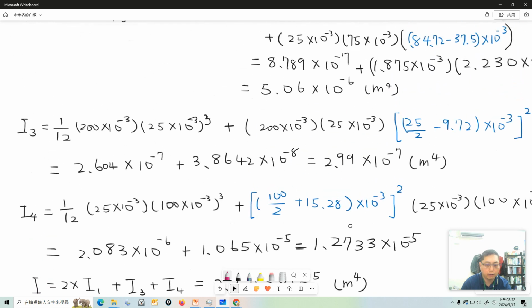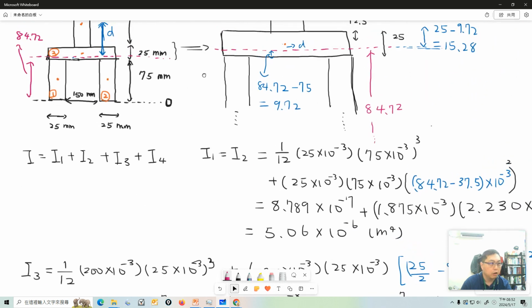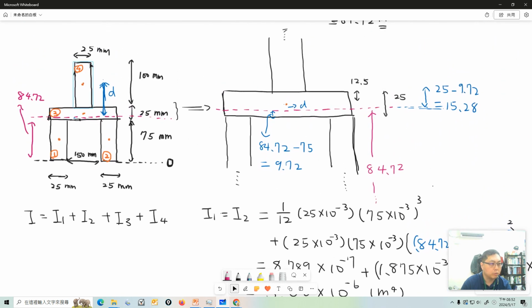Let's go back to this geometry. Very easy, because the total height is 100 plus 25 plus 75, so totally 200 millimeter. So the distance between the top and the neutral axis is 200 millimeter minus 84.72 millimeter.